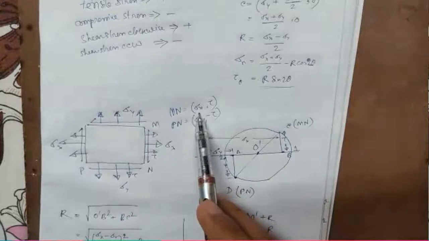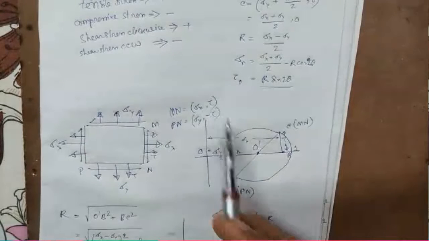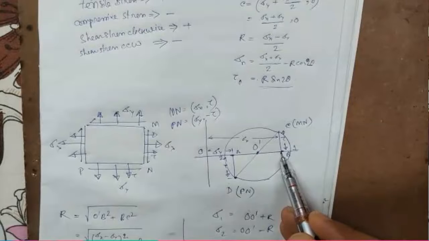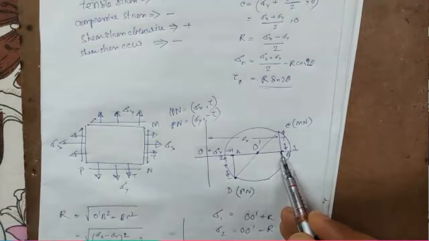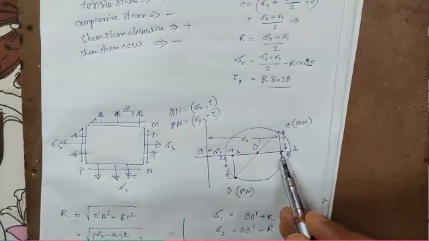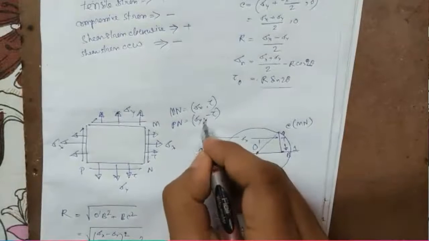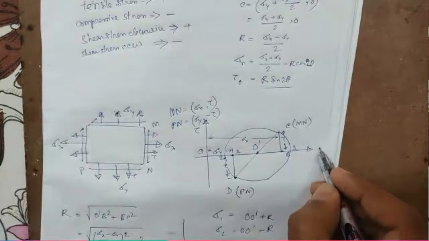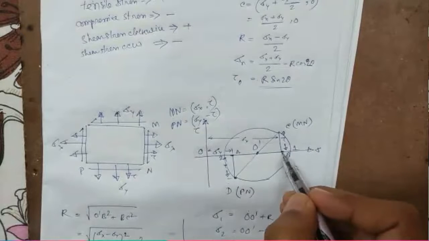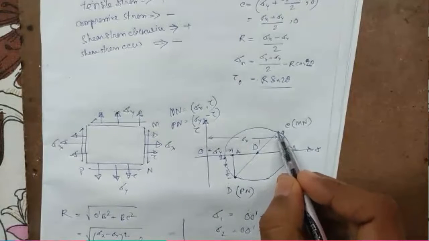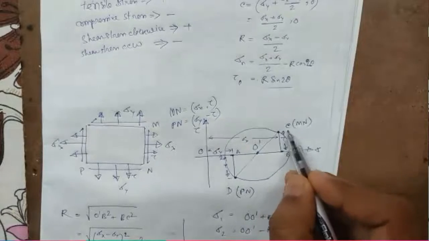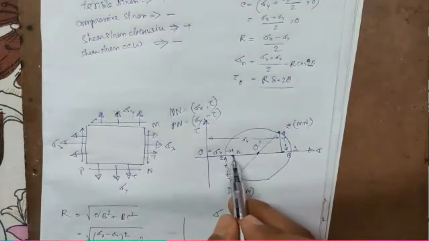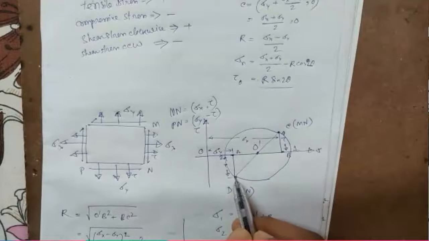Now MN is sigma x comma tau. We will locate it here. Up to this point it is sigma x, and if we draw tau shear stress, we know along this there is shear stress and along this there is normal stress. So from here we will go tau amount and we will reach at point C, and similarly we locate sigma y here and minus tau here.